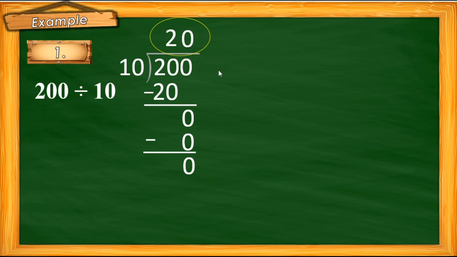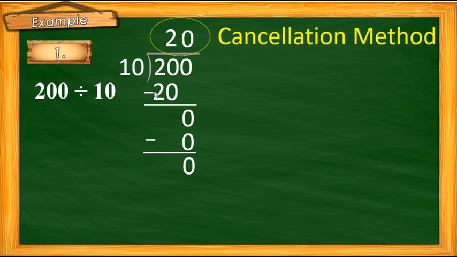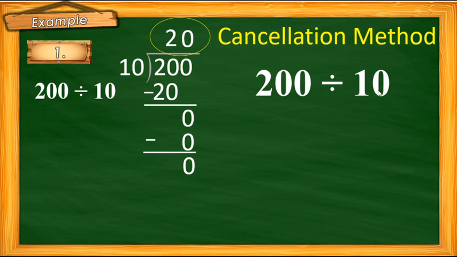Another method can be used if the divisor and the dividend have a 0. Using the cancellation method, our given is 200 divided by 10. As you notice, let's count the number of 0 in the divisor.